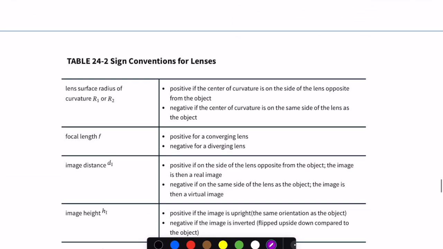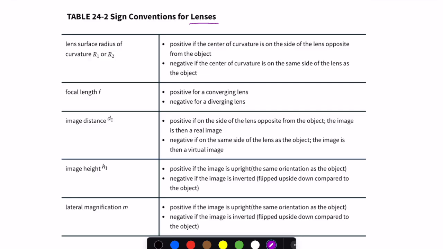Here it is. So this is for lenses specifically, and then there's table 24.1, that's for mirrors. You can put them next to each other, and I think there might even be in the book, in the summary, a table that has them both together. Check that out. But here are the sign conventions for lenses. Let's go over it real quick. The radius of curvature is going to be positive if the center of curvature is on the side opposite to the object, and negative if the center of curvature is on the same side.